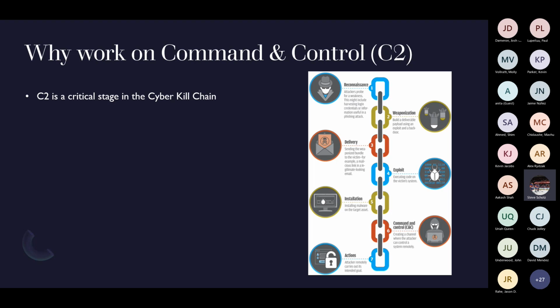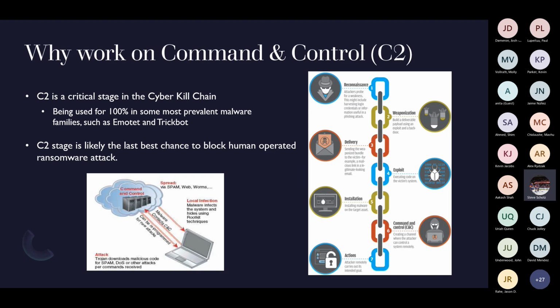Command and control is the actual last piece in the chain that they need before they can start taking remote control of that machine. You can see it's being used for 100% in some of the most prevalent malware families out there, things like Emotet, TrickBot, etc. As I had mentioned, the C2 stage is likely the last best chance to block a human-operated ransomware attack as well.